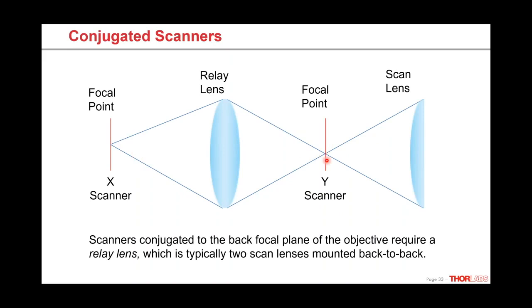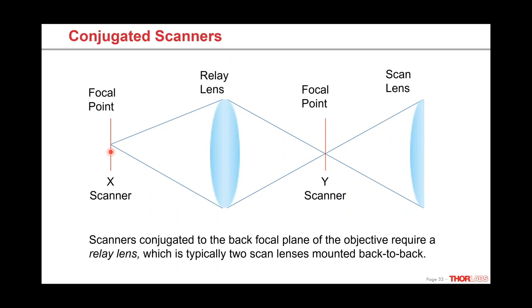This is typically achieved by using a relay lens in between these two scanners. And these relay lenses are frequently just two scan lenses mounted back to back. So this will provide superior imaging and is sometimes required for advanced imaging techniques.